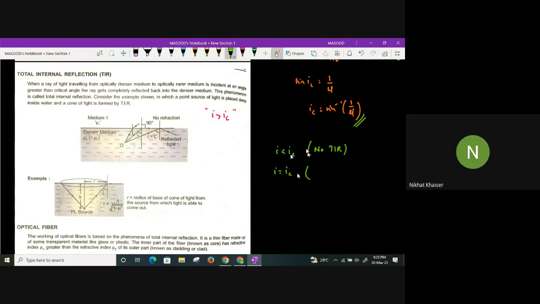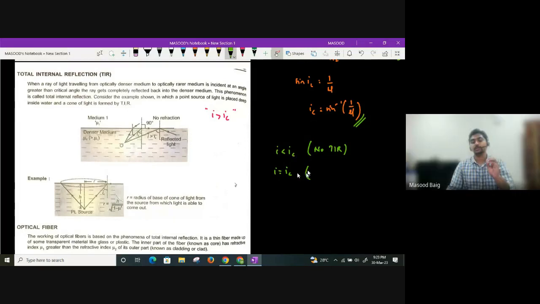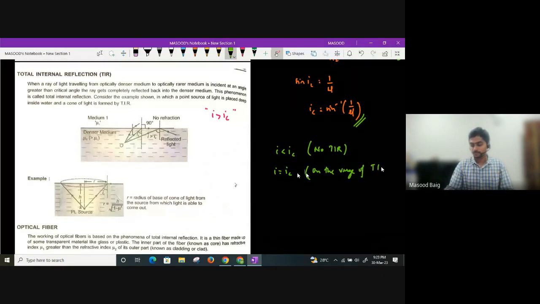No again. Here also refraction will take place, but it is on the verge of total internal reflection, guys. Just like we take the general equilibrium condition, on the verge it is. So it is on the verge of TIR. But will total internal reflection take place? No. Total internal reflection will take place only when the angle of incidence is more than the critical angle.